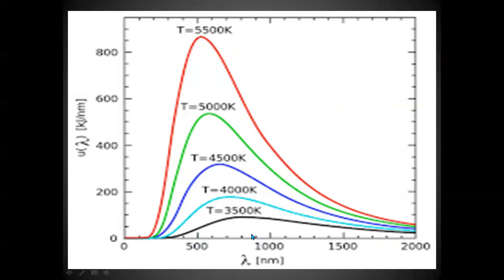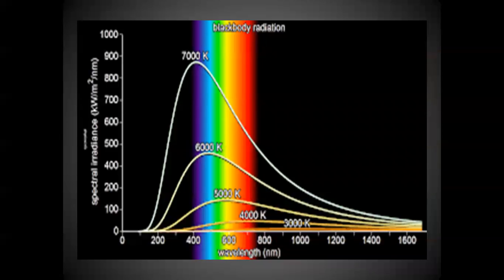So again we can say that the peak is shifted from this point to this point, or the peak shifts from right to left when temperature of the black body is increased. So it will radiate more energy.